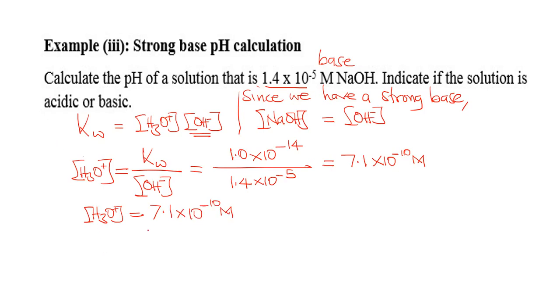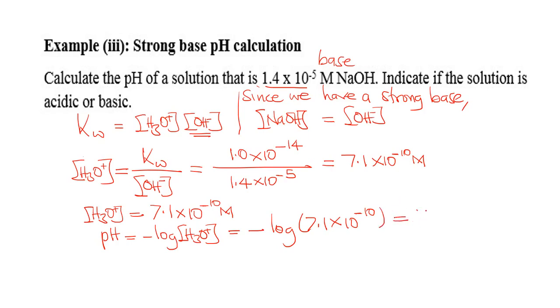Now, we know that pH is given by minus log, so this one will be equal to negative log 7.1 times 10 to the power negative 10, which gives us 7.00.